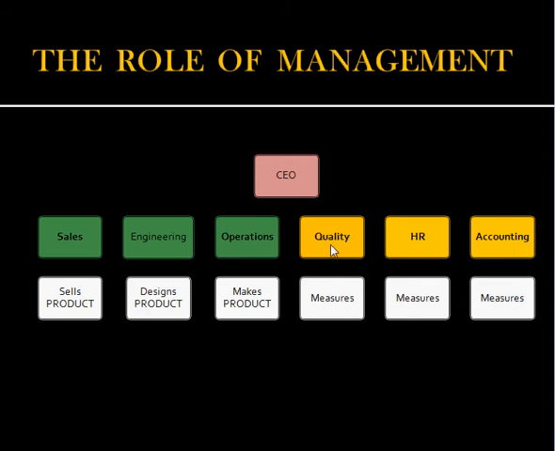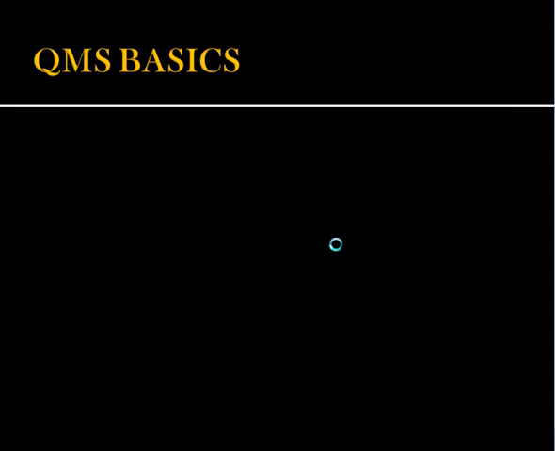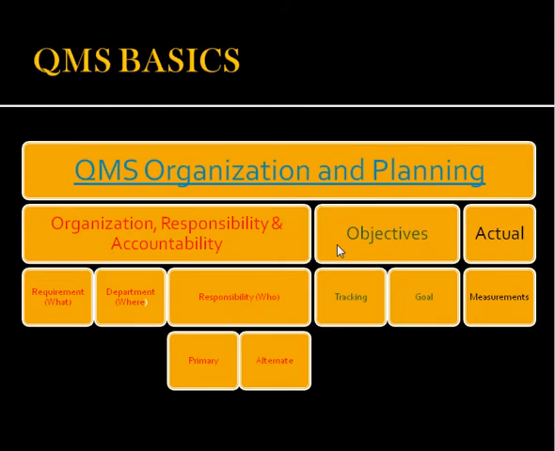You have to show responsibility. It begins with what's required. A lot of times I say that's like a job description for a department. What is that department responsible for doing? Then you identify the department responsible for the requirement, which is primary and which is alternate. Next, establish objectives. What are we going to track for that department? What's the goal?